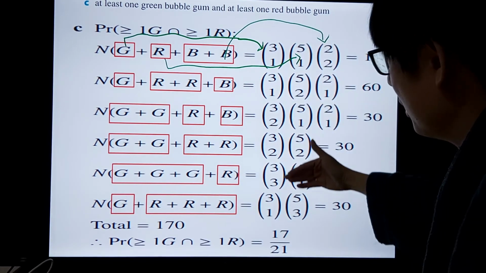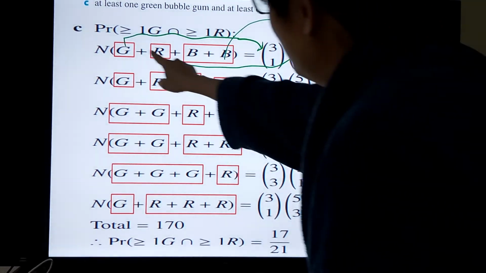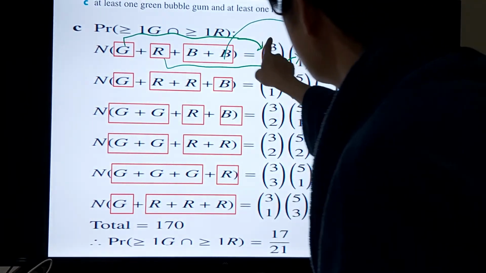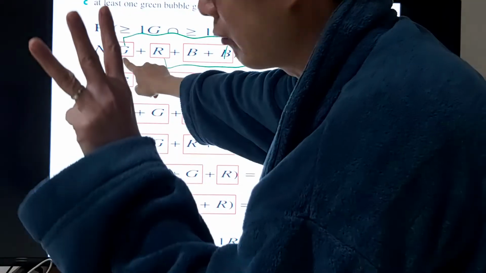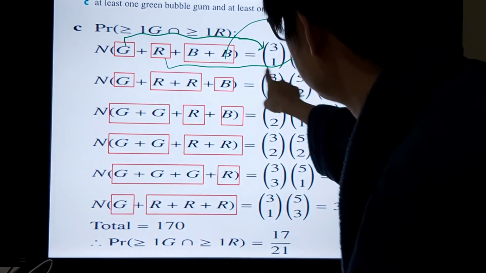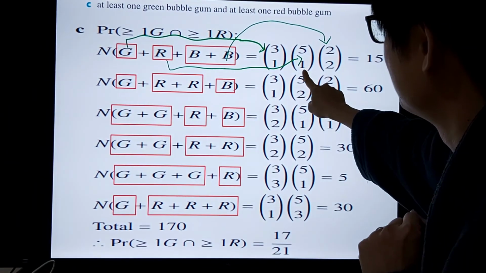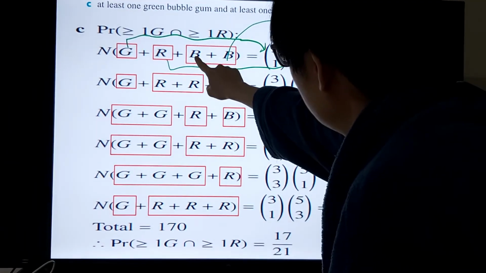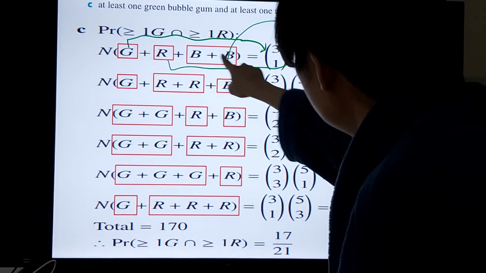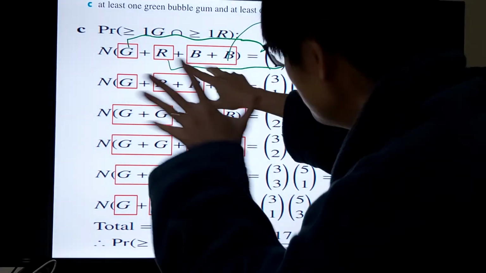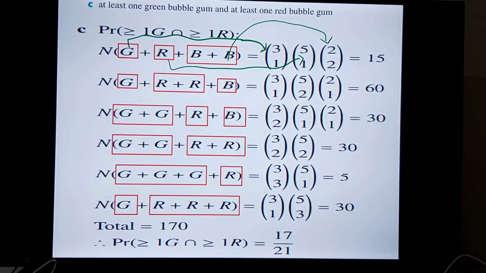Then the rest is just formula. You follow accordingly. 1 green is 3C1, because from 3 green you choose 1 green. Red is 5C1. From 5 red you choose 1 red. 2 blue, so from 2 blue you choose 2 blue, 2C2.